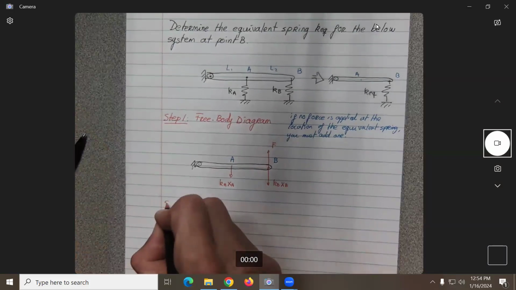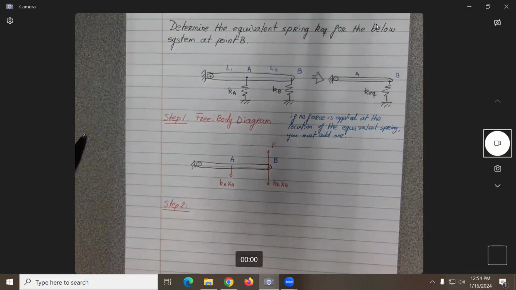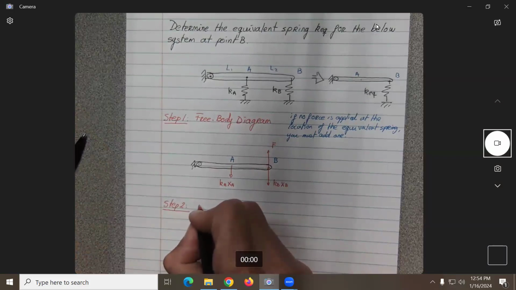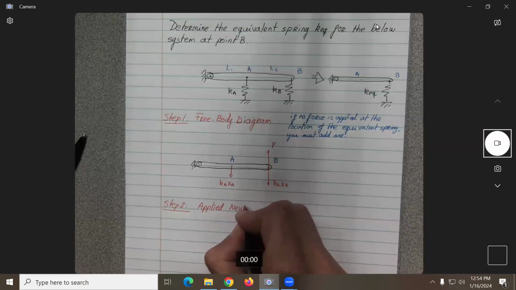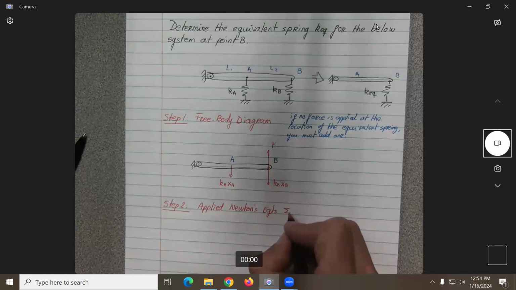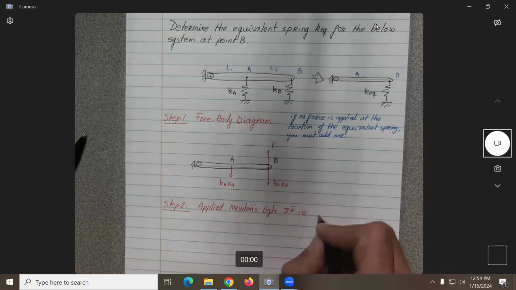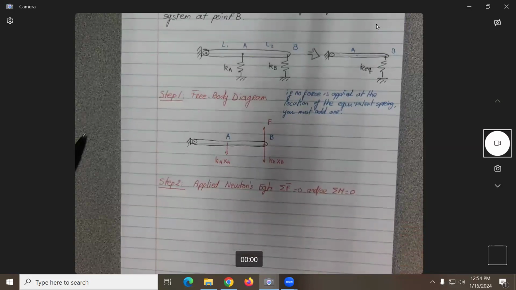Okay, so step 2 is going to be to apply Newton's equation, summation of forces equal to 0 and/or summation of moments equal to 0 in this case.